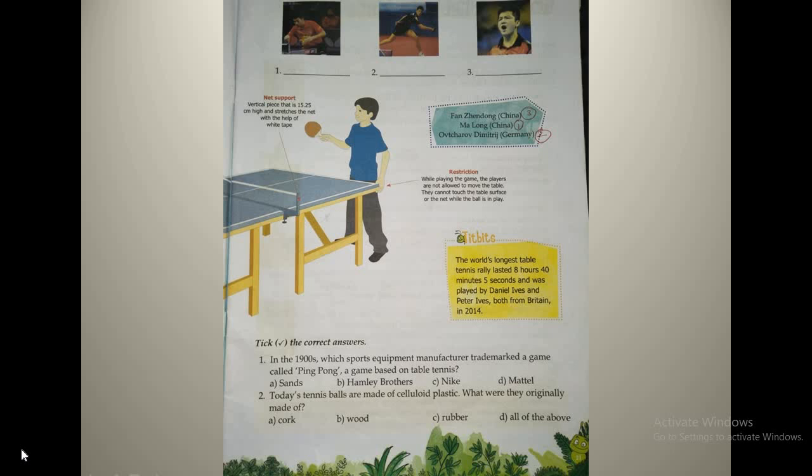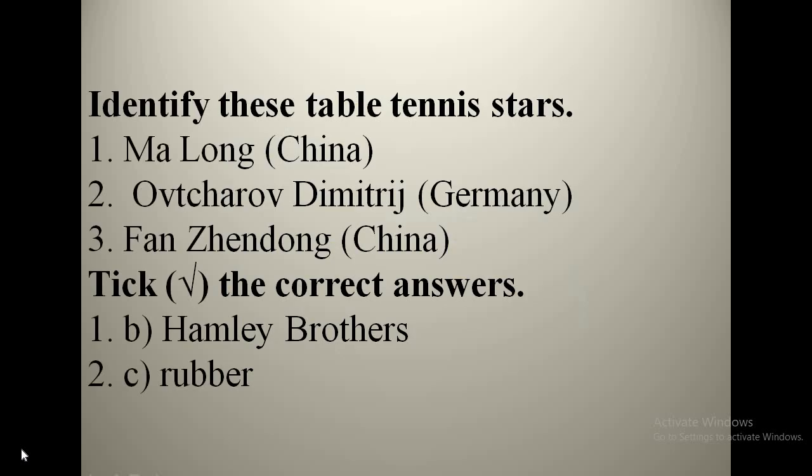Now here are the pictures you can see on this page, that there are three pictures of some famous table tennis stars. You have to name these table tennis stars, and below are the correct answers. So I'll be telling you the answers separately. The very first question is identify these table tennis stars.